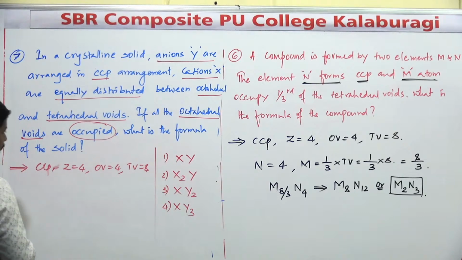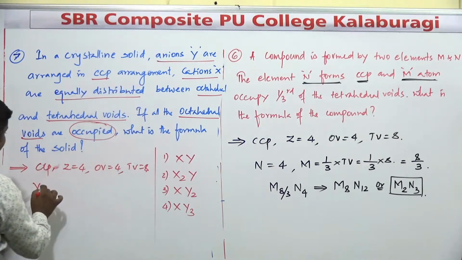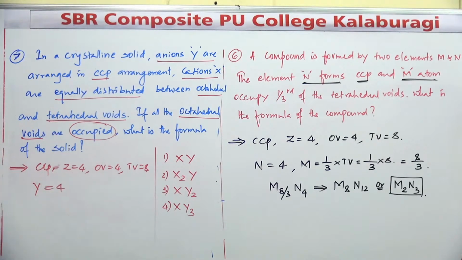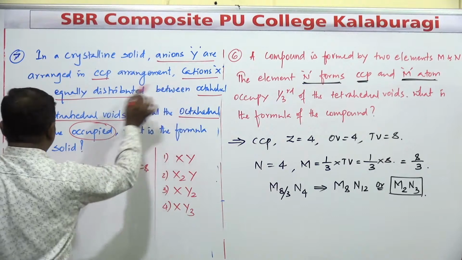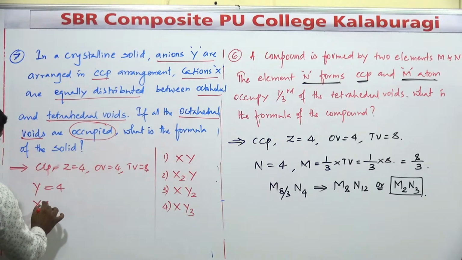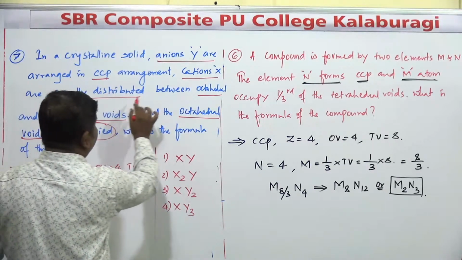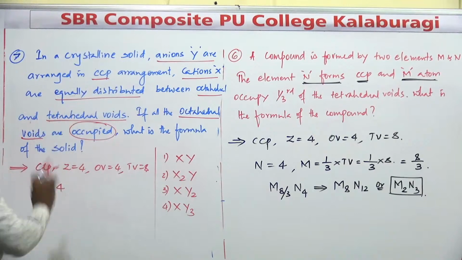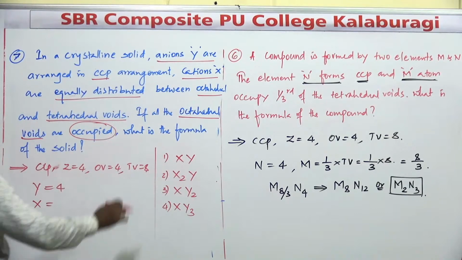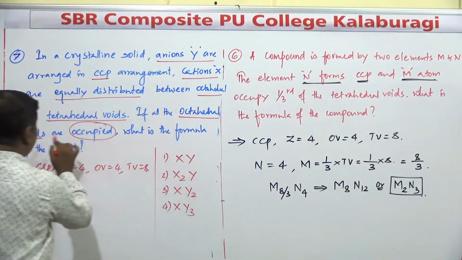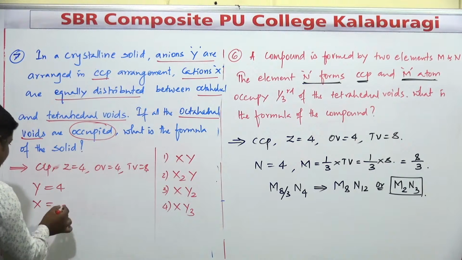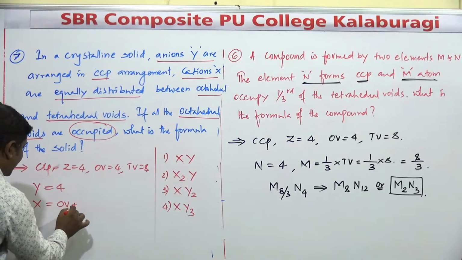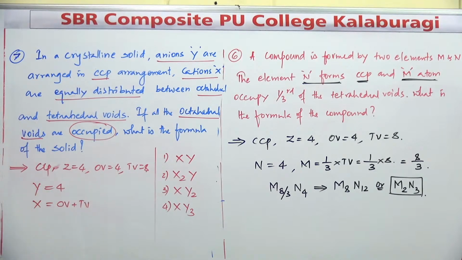Next one, total number of Y forming CCP arrangement, the value of Y is equal to 4 directly. And cations X are equally distributed between octahedral and tetrahedral voids. But one more sentence is given here. If all the octahedral voids are occupied, this is occupying octahedral voids as well as the corresponding tetrahedral voids equally.